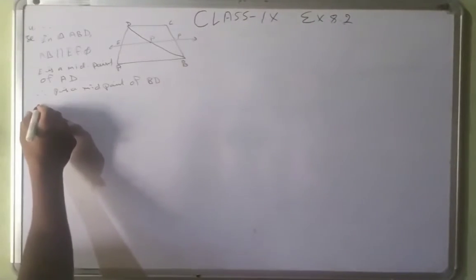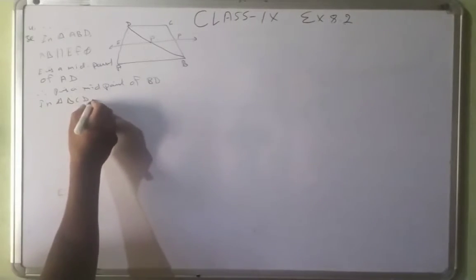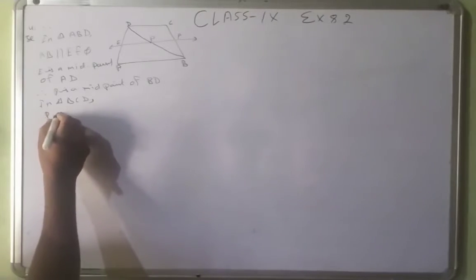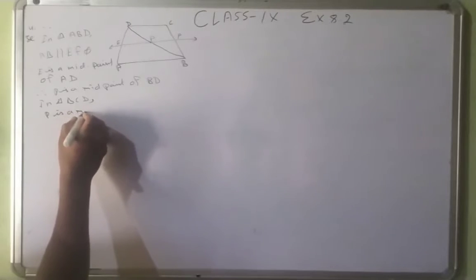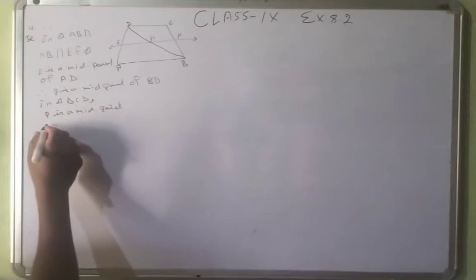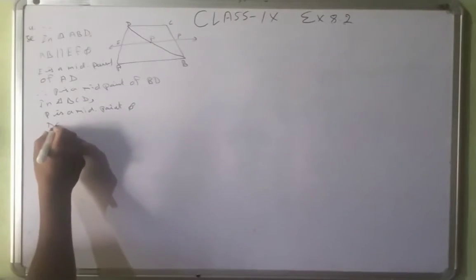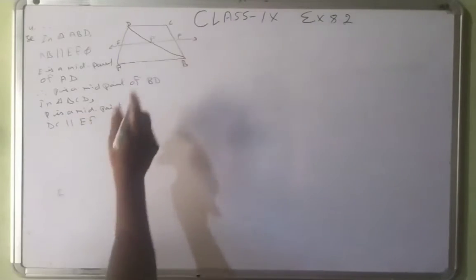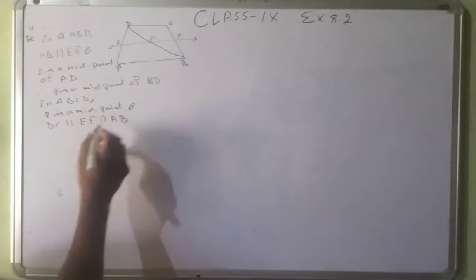Now in triangle BCD, P is a midpoint, and DC is parallel to EF, because these two are parallel to AB, right?